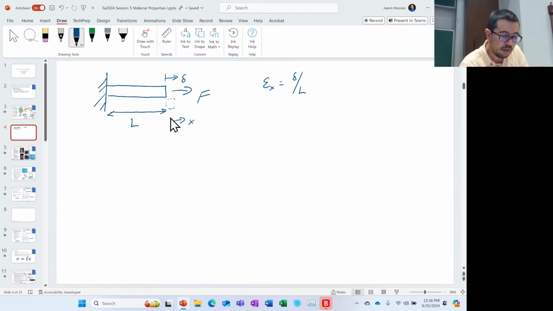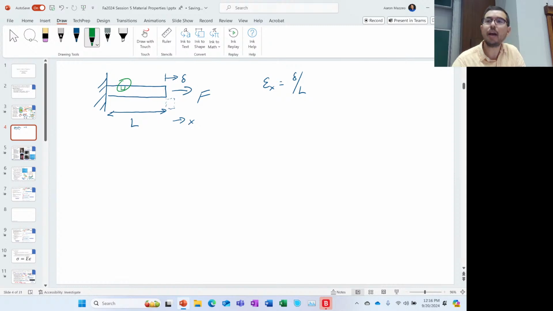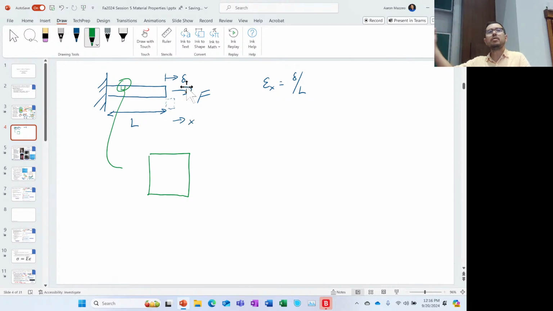So if I come in here with some little glasses, and I look at this nice little element right there, and I bring it down over here, okay? Now this is a small element, right? It doesn't really care what delta was for the entire structure, but we do definitely care about how much it's being stretched, and it's undergoing that epsilon x there.